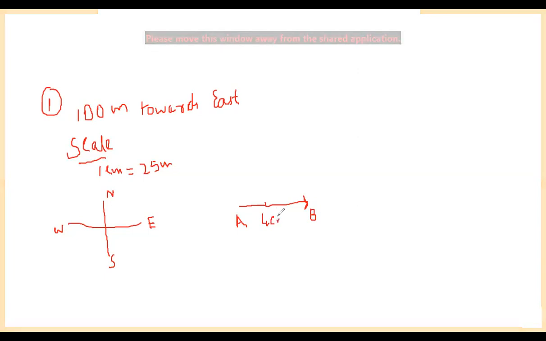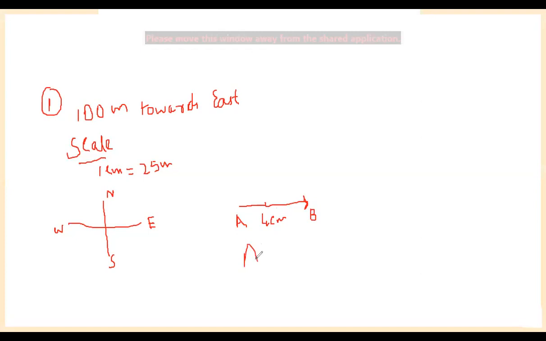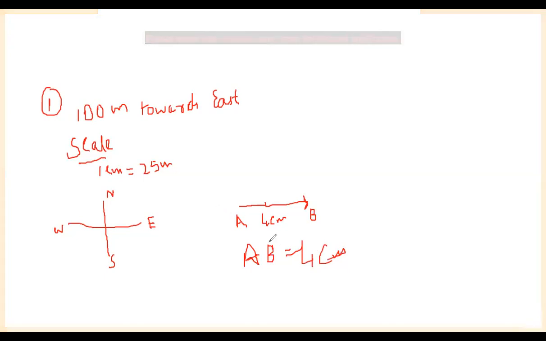You can write like that: AB is a vector, which is equal to 4 cm. As you know, without a vector sign it will not be a vector. So two things are very important: the starting point and the ending point. This is 4 cm, and this is an arrow.